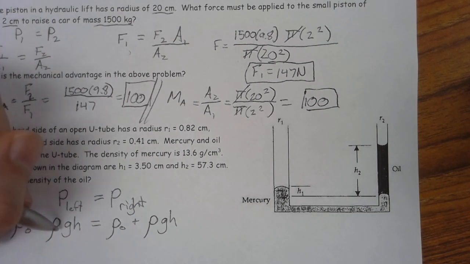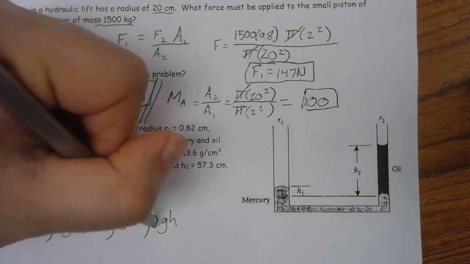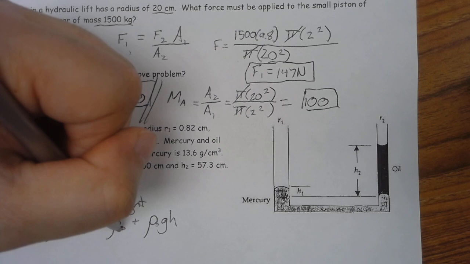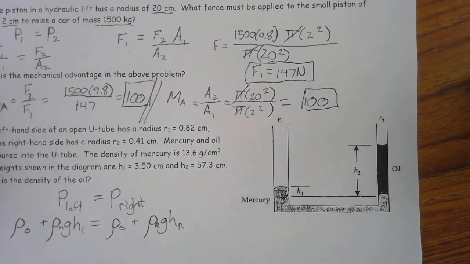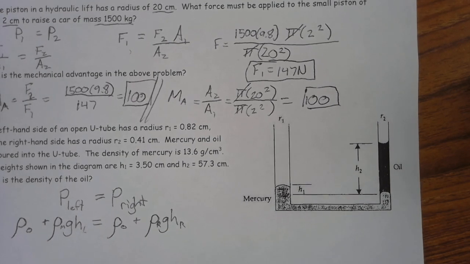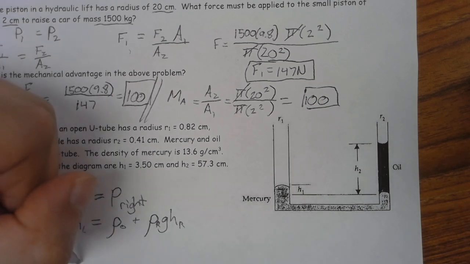Now, of course, this is the rho from the left side, which is the mercury, and the height of the left side. And this is the rho of the oil. I shouldn't use zero, though. I should use, let's just say the right side, because it's the height of the right side. So I have rho of the mercury times the height of the left side divided by the height difference of the right side.